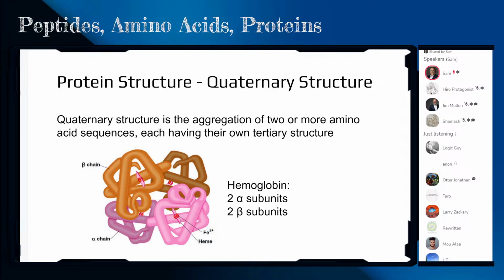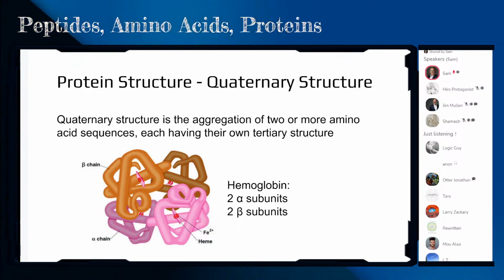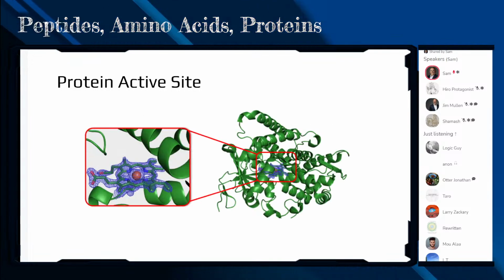And quaternary structure is 2 or more of those folded proteins aggregating together to form a protein. Many proteins in our body are quaternary, meaning that they are made up of 2 or more subunits.